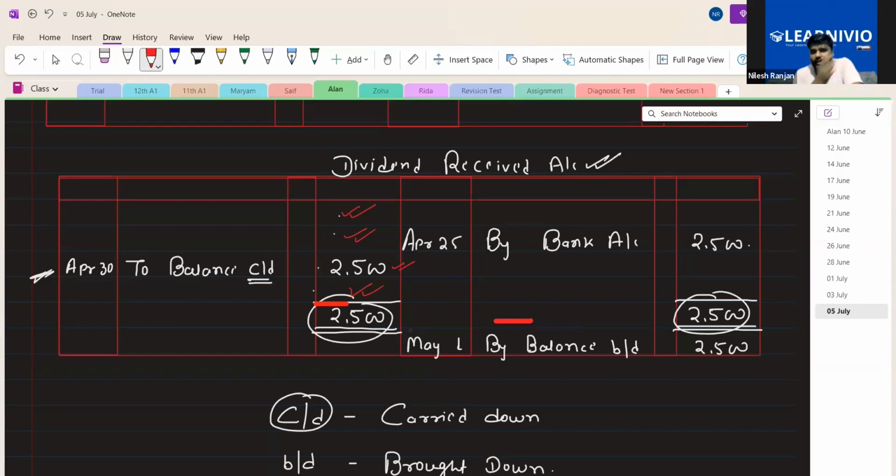No, you cannot write on the same line where the total is written. Either the balance will be written above the total or below the total. It doesn't matter how many lines you leave, two or three lines, and then write it. Okay.